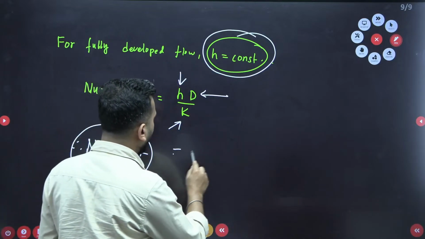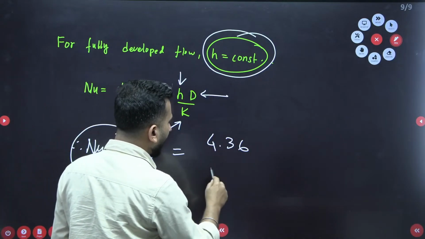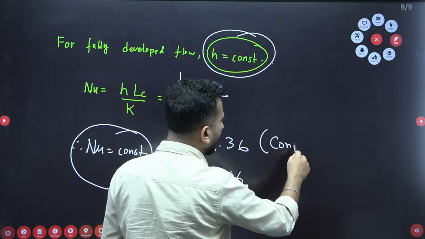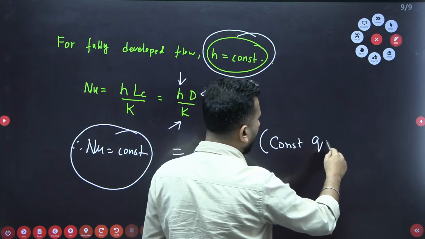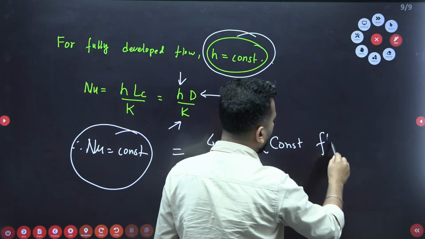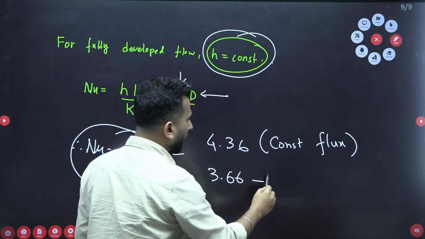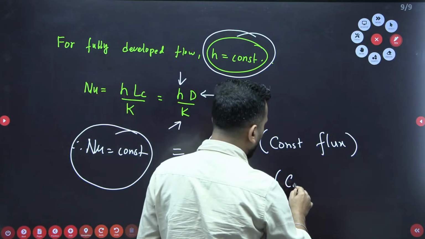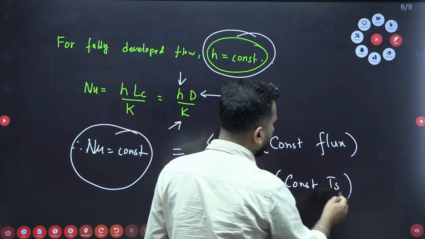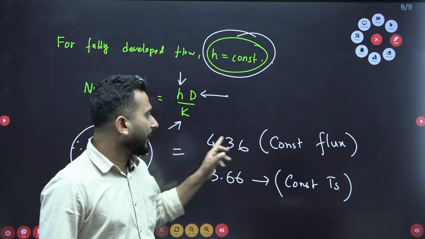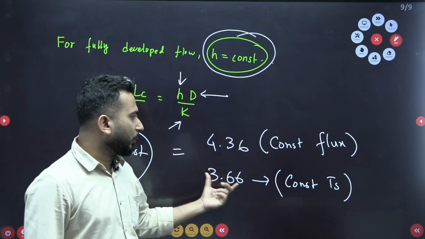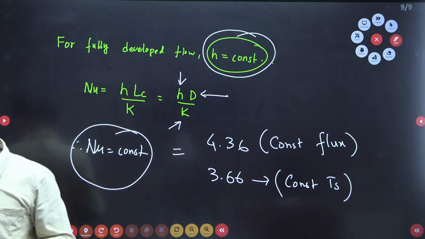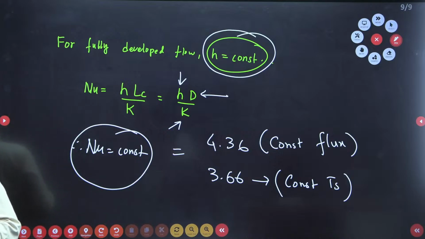And it will have values 4.36 and 3.66. 4.36 is for constant heat flux condition. And 3.66 is for the second case, that is constant Ts, that is surface temperature. In the first case Nusselt number is 4.36, in the second case Nusselt number is 3.66. Are you able to understand this concept?